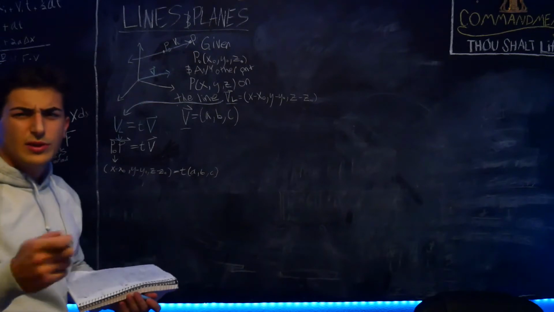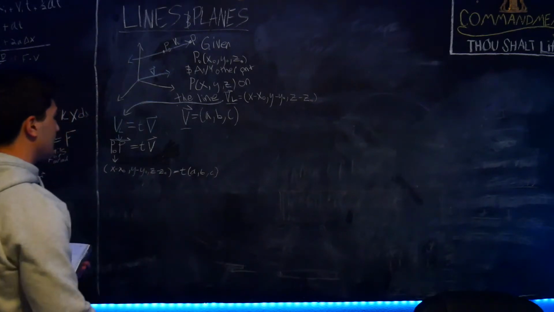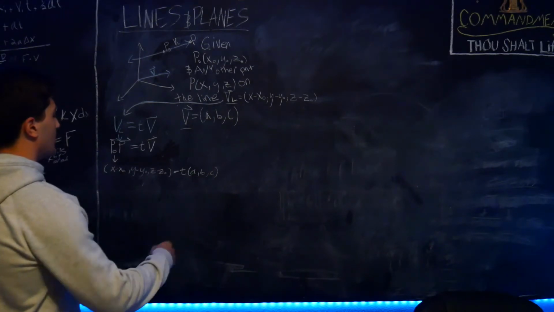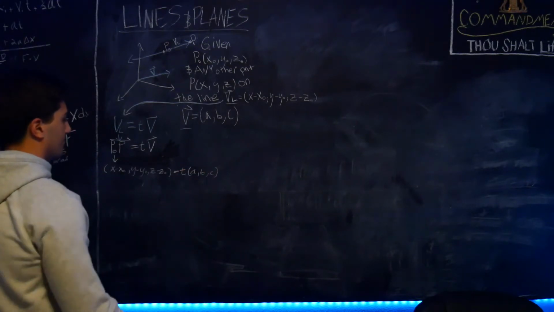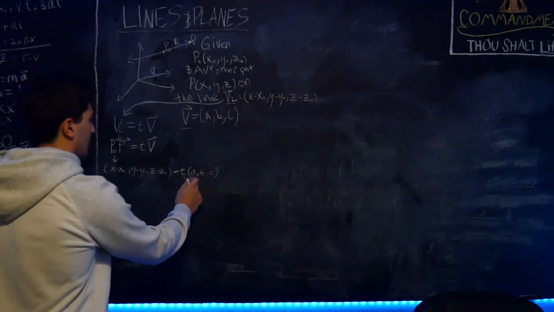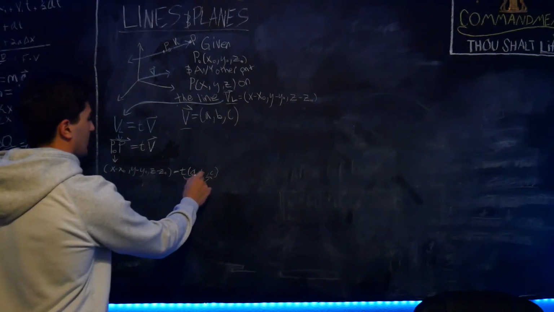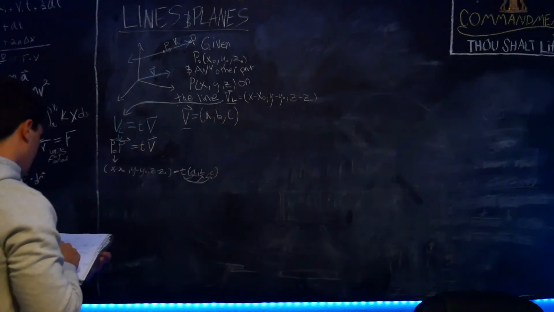Alright, so what do you think you would do from here? You're like, great, how does this help us at all? What would you do? We have this on the outside. Let's distribute it. I'm just writing arrows. I'm not actually going to write it out. Just write arrows and say you distributed.